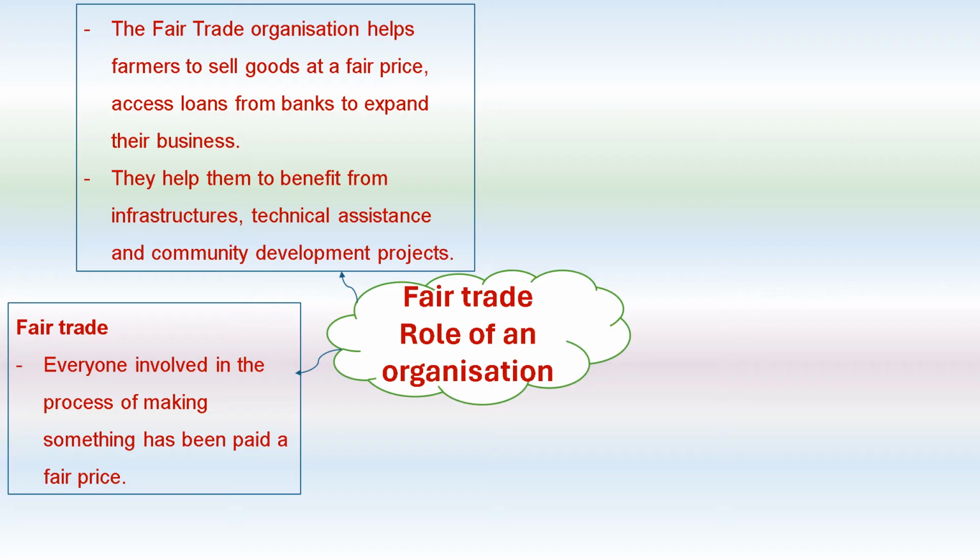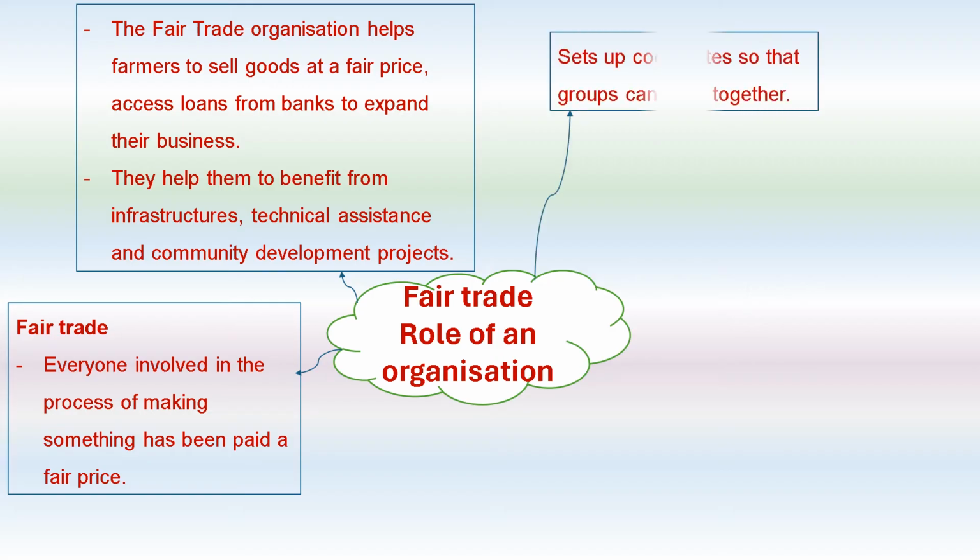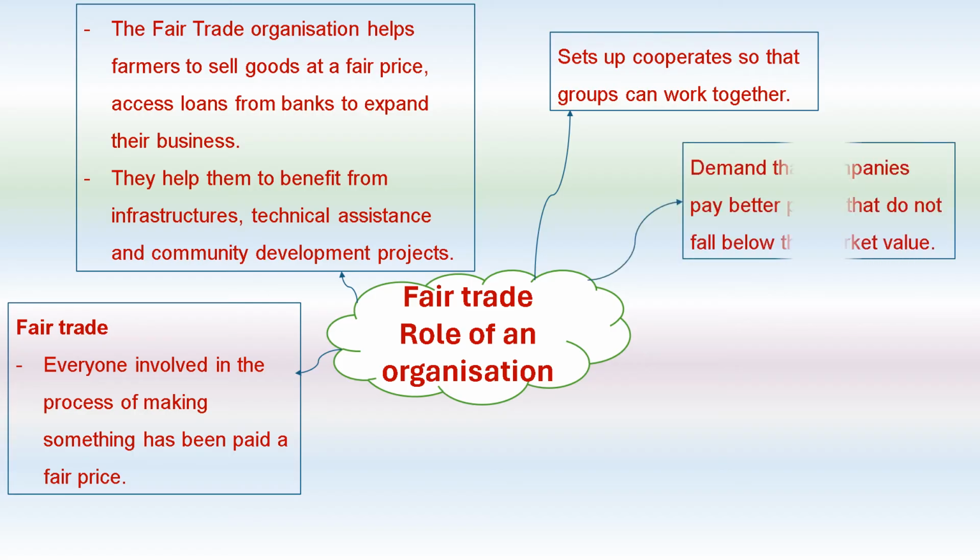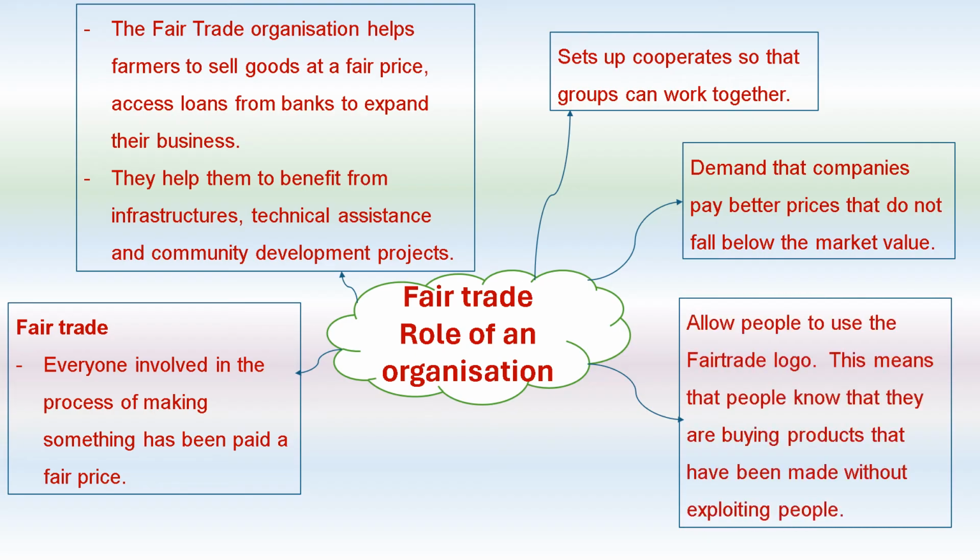Now, one of the things that they can do is basically set up co-operatives so that the groups can work together and they can set pricing and not devalue their products. That means that they will not be forced to sell their goods below market value. So they teach them and empower them to demand better prices from companies that they are selling their goods to.